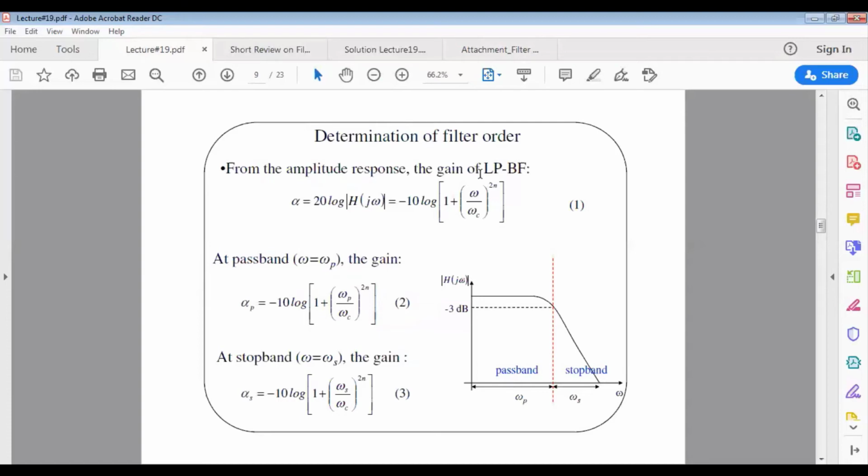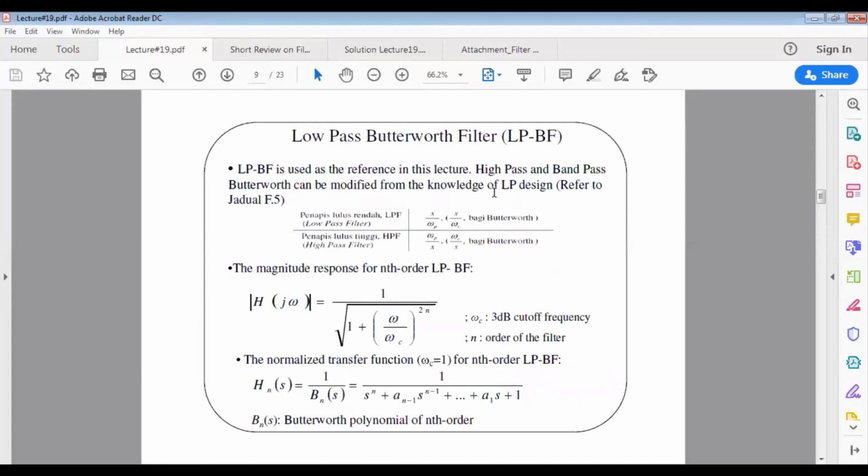The gain can be calculated as 20 log of |H(j omega)|, and we get negative 10 log of 1 plus (omega over omega c) to the power of 2n. This is obtained from this magnitude response.